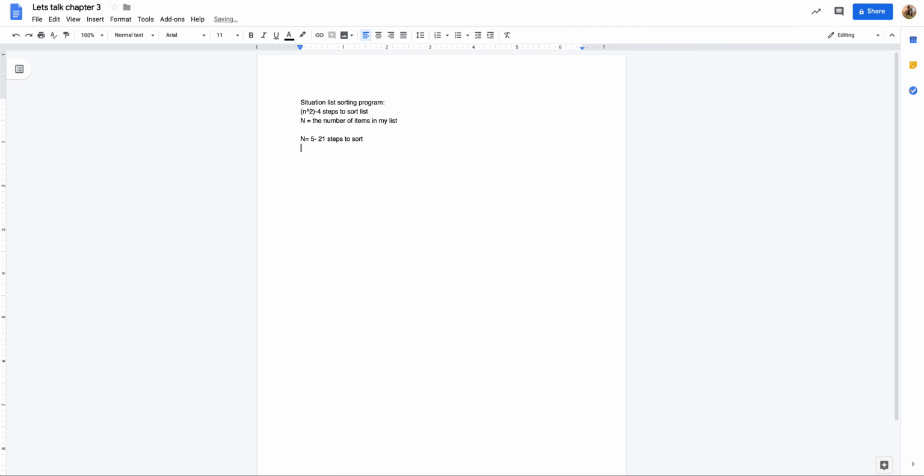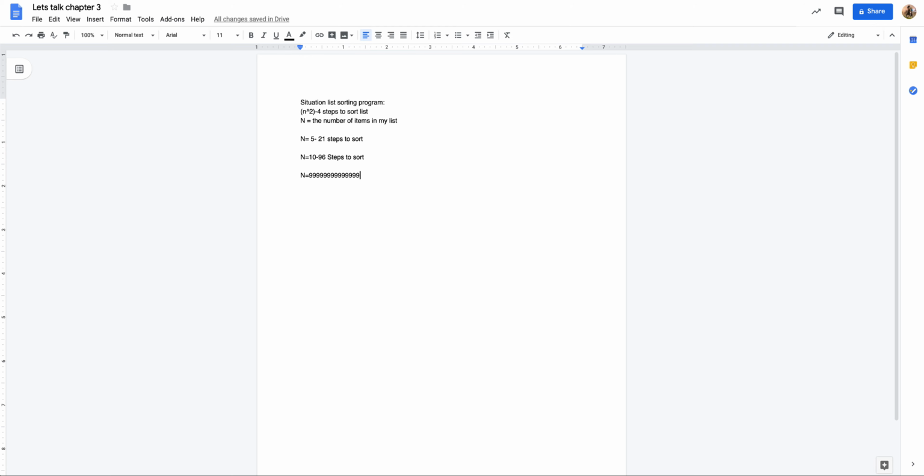This is just a random thing I've come up with. Now, what happens when n goes to 10? That'll lead to 96 steps to sort.